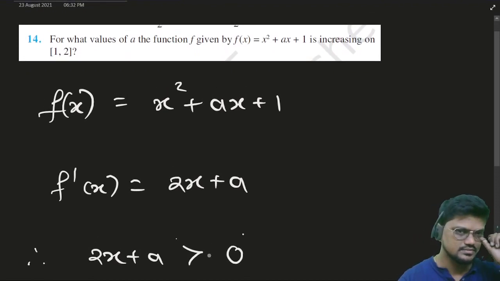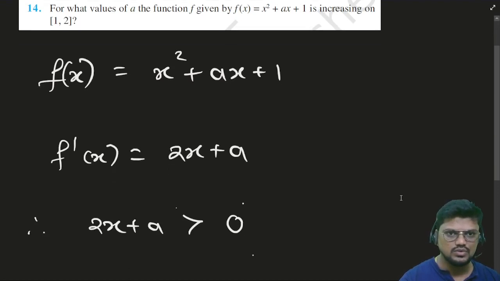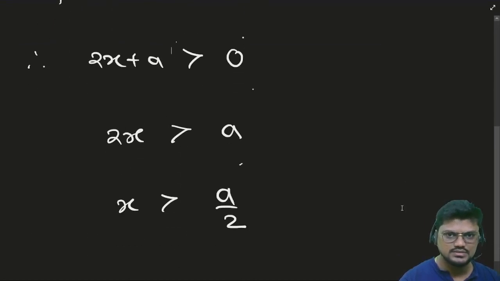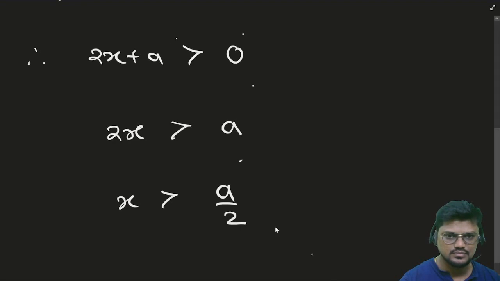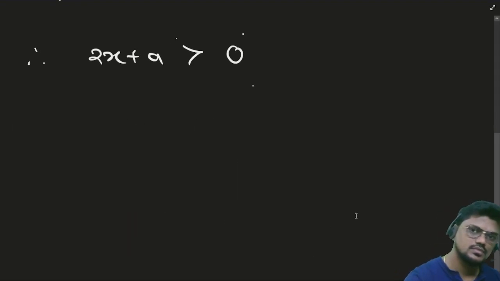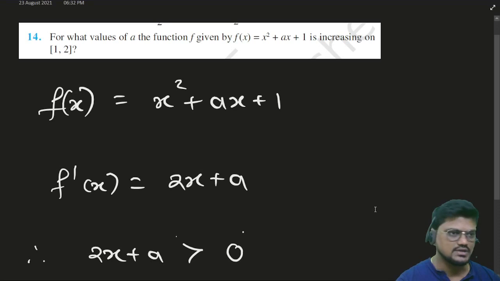Now after this, you need to find for the interval 1 to 2. Okay, wait, we'll not do it like this. 2x plus a has to be greater than 0.